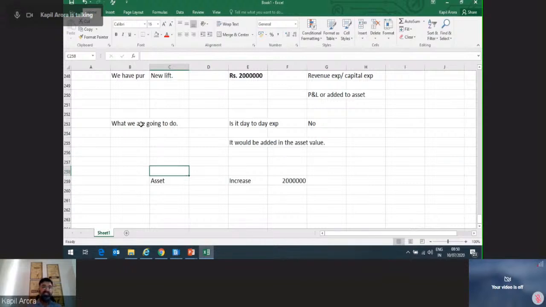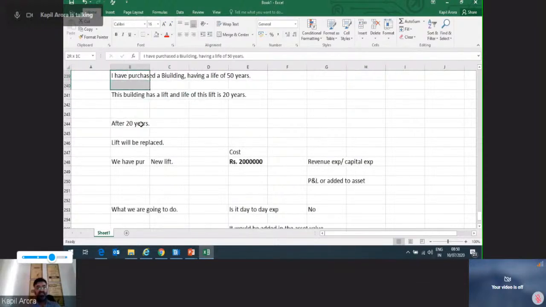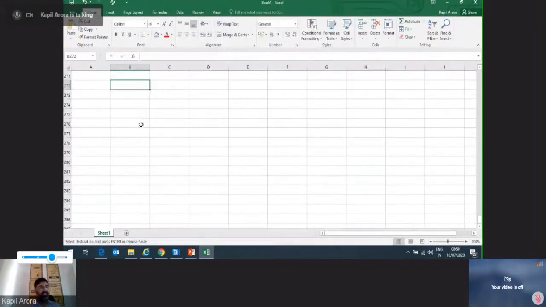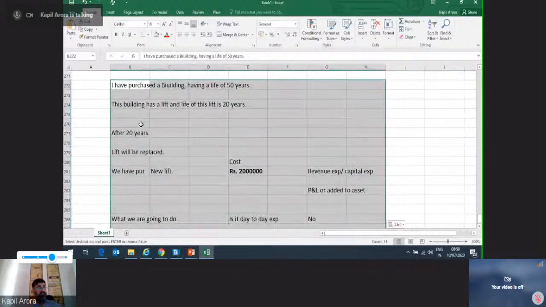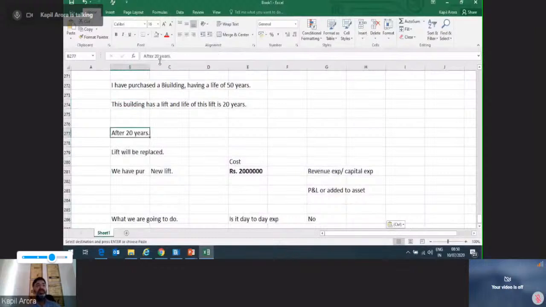But let's assume another situation. Same everything. Asset will be replaced and we will add value of 20 lakh. But what happened? After 15 years, the lift requires replacement.